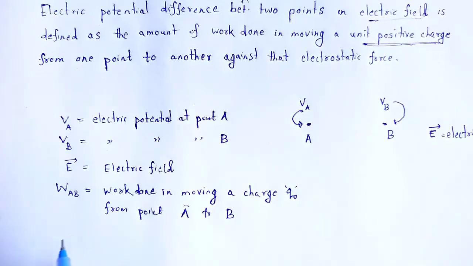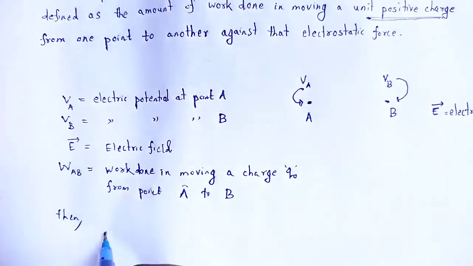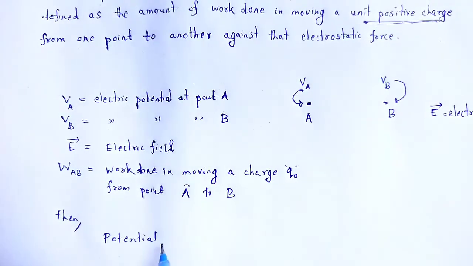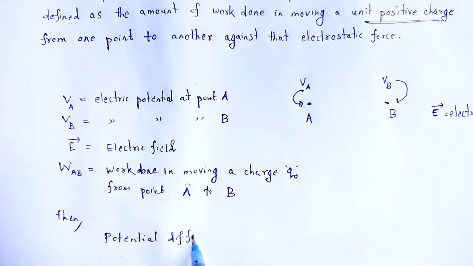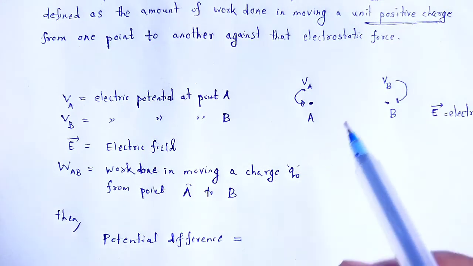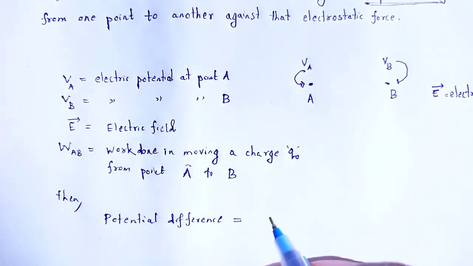Then the potential difference, according to our definition, is the work done per unit test charge.